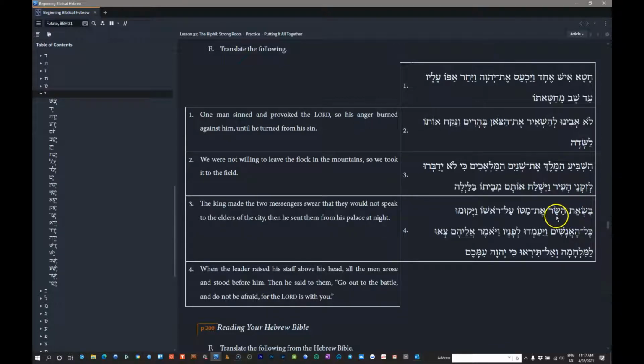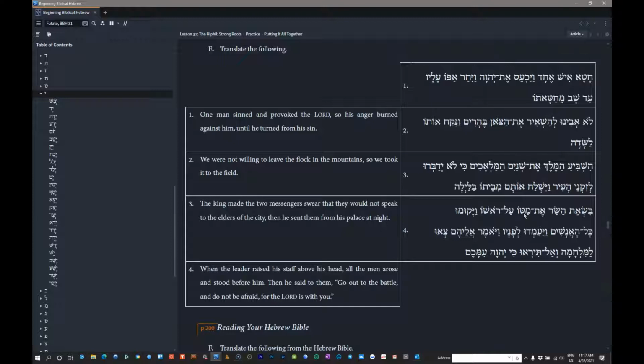Then we've got hasar, so the ruler or the prince. And then we've got a definite direct object marker. And it's most likely, since we don't get a verb until over here and it's a vayyiqtol form, it's most likely that this is the direct object of the infinitive here. So if this is the direct object of the infinitive, it would be something like to take. Matto is going to be, this is probably a form that you aren't going to recognize.